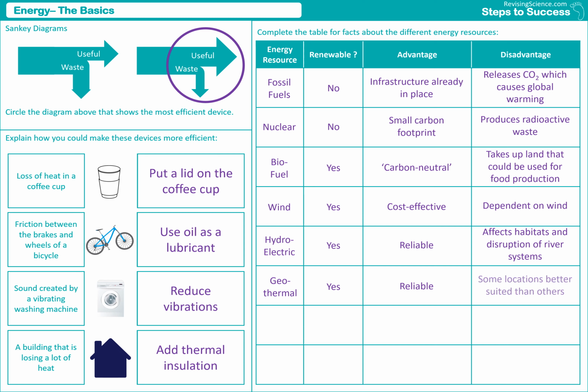Geothermal, again, is renewable and again is reliable, but some locations are better suited to this than others. Tidal energy, again, is renewable, and the advantage is reliable. There's always 2 tides a day, but it can block sewage that needs to go out to the sea. And finally, solar, again, is renewable and works well at a range of scales. However, it's dependent on the sunlight.